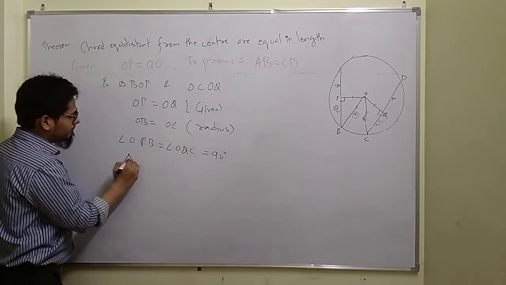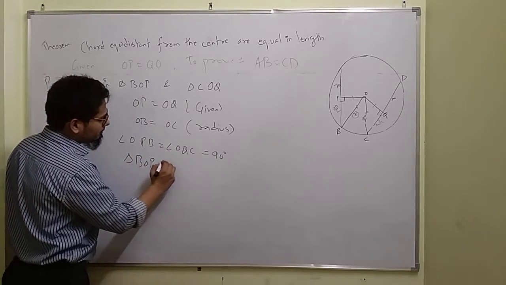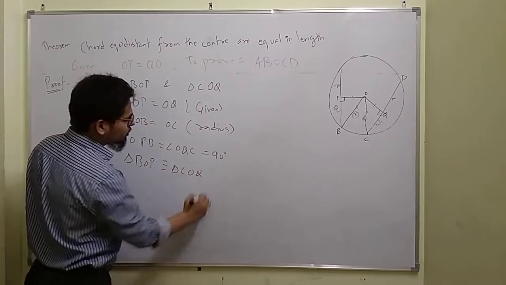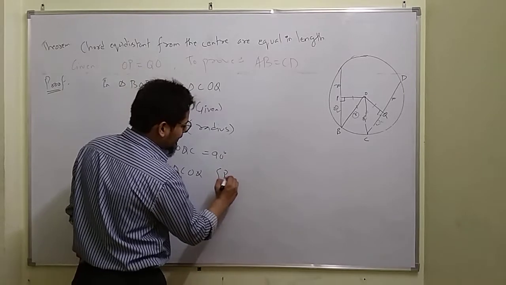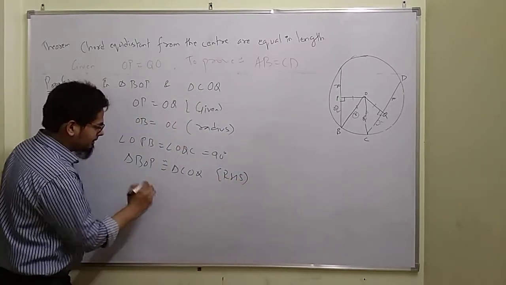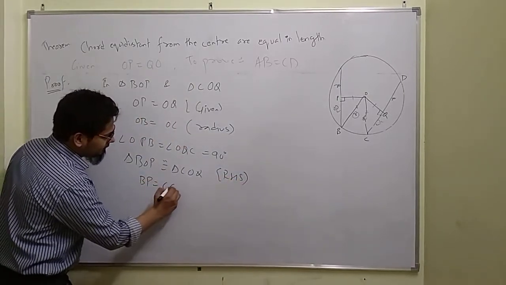Okay. So triangle BOP is congruent to triangle COQ. It has been proved by RHS, and by CPCT we have BP is equal to CQ.